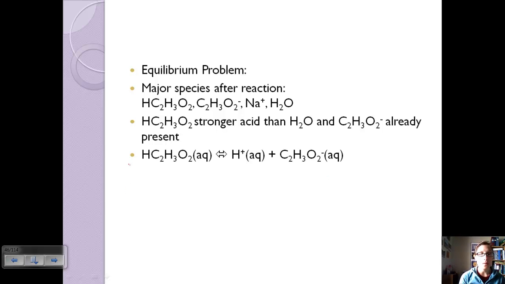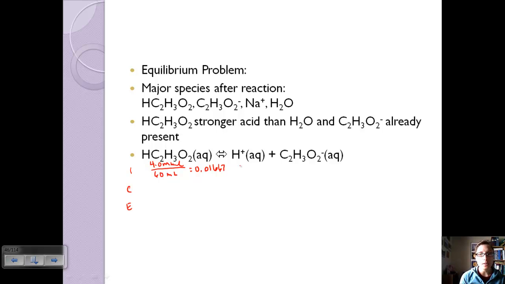And so if we do our ICE table, we know that we had 4 millimoles of acetic acid left, but if we want to get the concentration, we need to take into account the entire volume. Well, we added 10 milliliters of our sodium hydroxide, and we had 50 milliliters of the acid, so this is 60, and that will give us 0.0667 molar of our acetic acid.